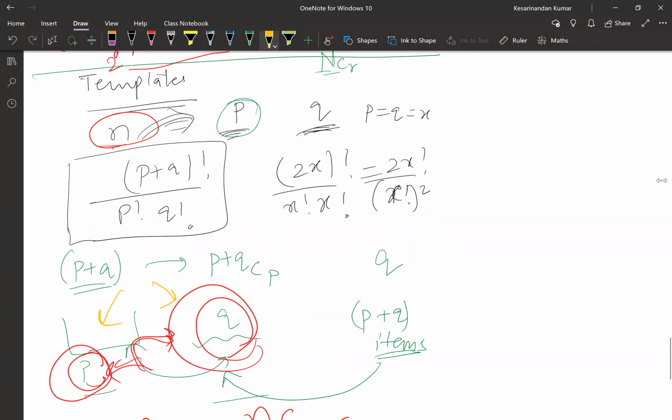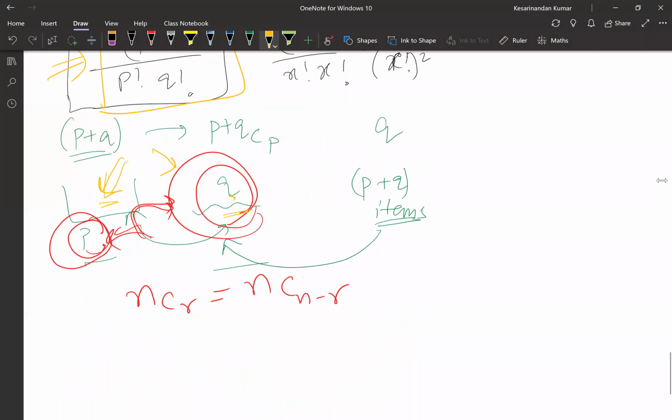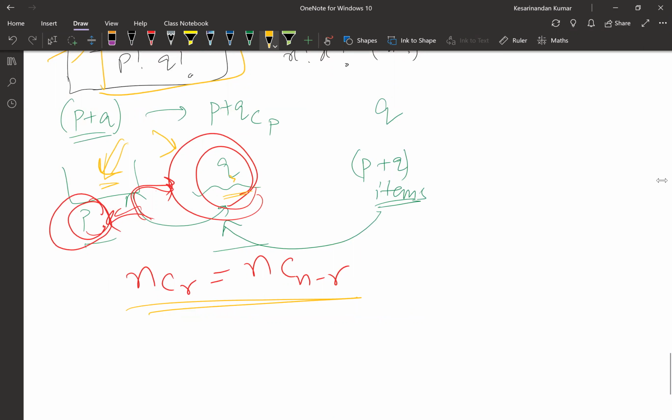What is the total number of ways of doing it? This is the formula. And this will be the same if we select p and reject q, or the other way around, we select q and reject p. Why? This.